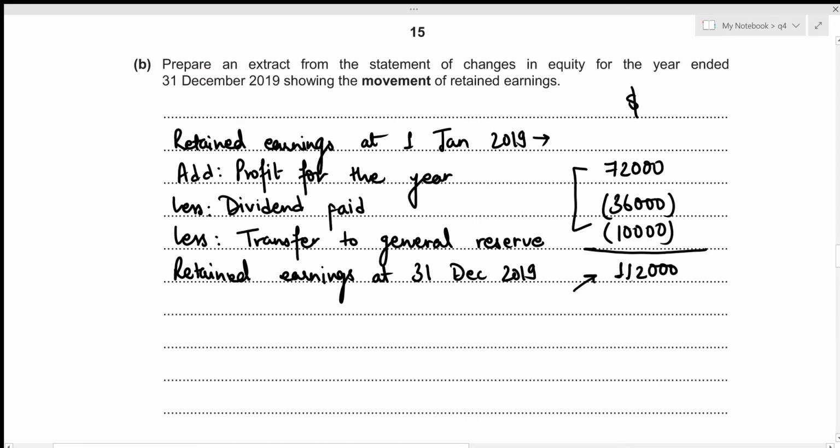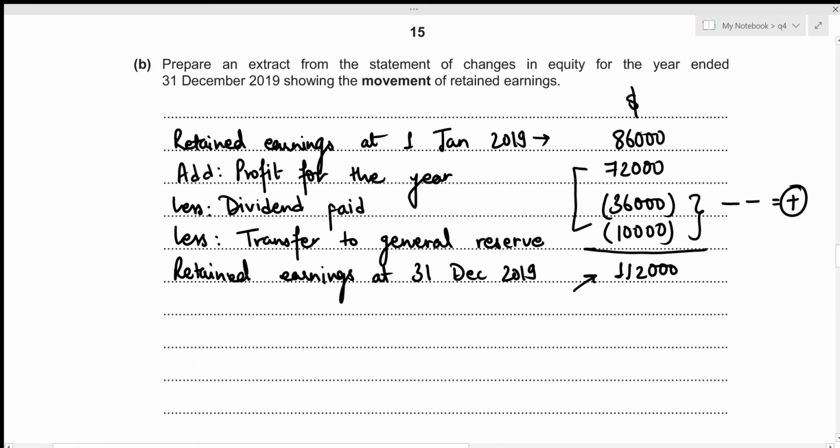So in this case, that's going to be 112,000 minus 72,000 plus 36,000 plus 10,000. These two are added because these are already negative, right? And we again subtract them. So two negatives become a positive. In this way, our retained earnings at 1st January 2019 will be 112,000 minus 72,000 plus 36,000 plus 10,000, which results in our opening balance being 86,000.